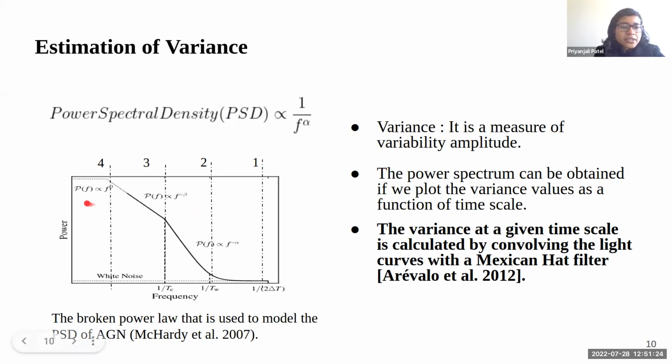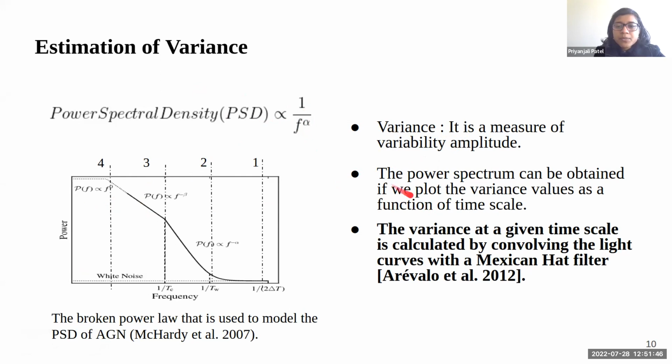On the left, this is the power spectral density of the AGN, where a broken power law can describe the AGN variability. So in region 3 and region 2, the AGN follows the red noise. So this PSD can be described as 1 by f to the power alpha, where f is the frequency.